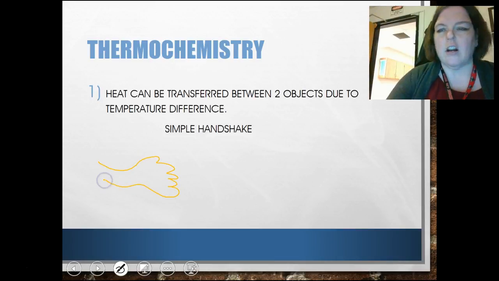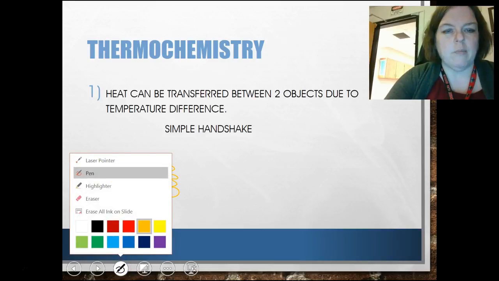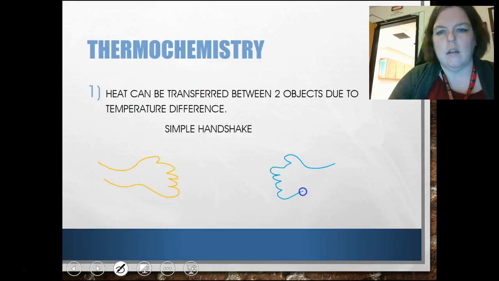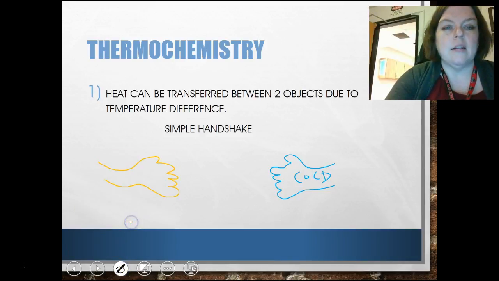I'm not a very good artist, so don't go there, okay? And then my hand, I am going to make this light blue color. Why? Because I can. Okay, so my hand is always cold, and my husband's hand is always hot.